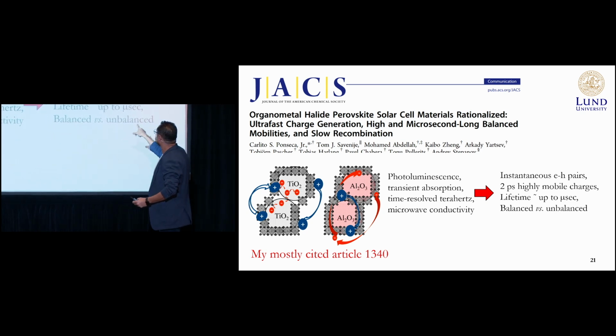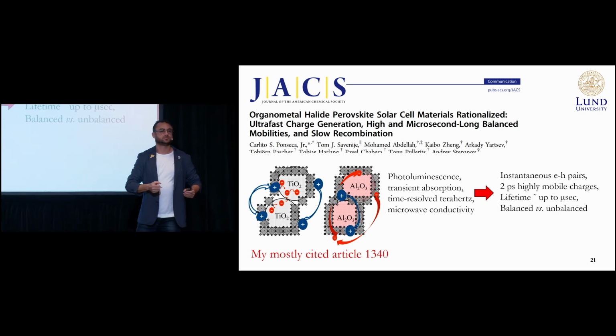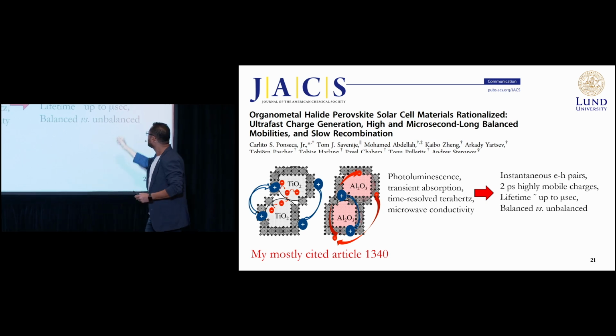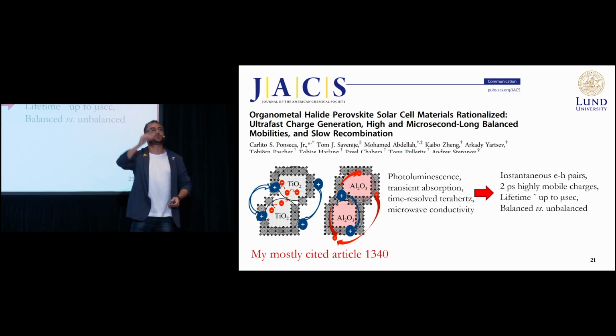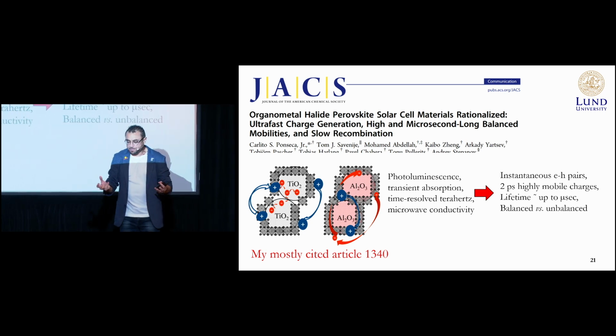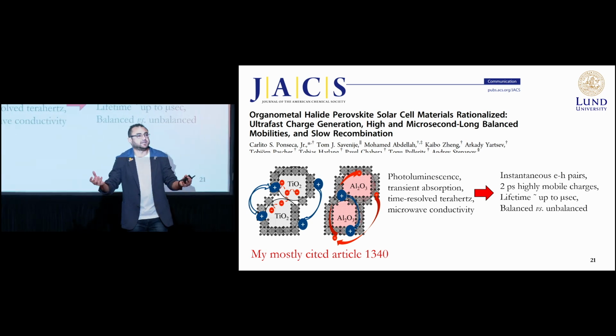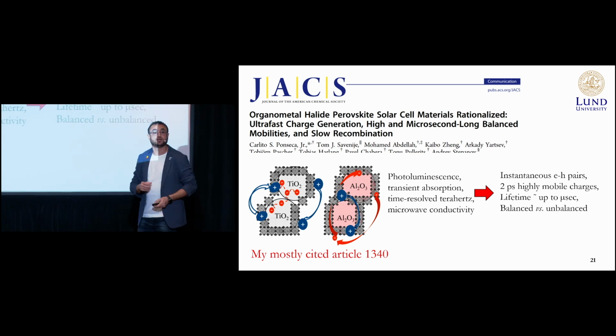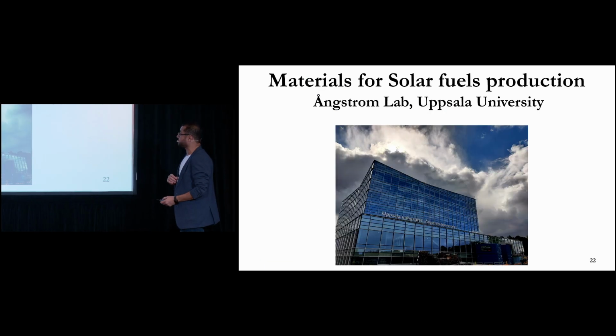Not only that, they are highly mobile. They can transfer long distances. They have lifetimes up to microseconds. Microsecond is a very long time in ultra-fast. And of course, both electron and hole move more or less with the same speed, which we need as well for efficient solar cell performance.